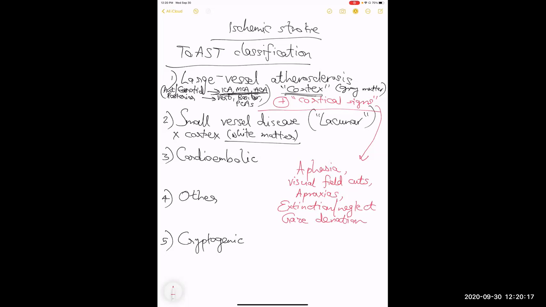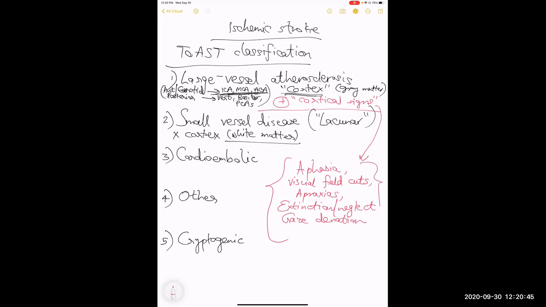So if the stroke affects the right hemisphere, the normal function of the right hemisphere is to push the eyes towards the opposite side. And now because it's not working, the left hemisphere takes over. And your eyes are usually looking towards the side of the infarct or the stroke. So gaze deviation to one side. These are all cortical signs. There are many more, but these are the most common ones that you will see clinically. But if you want to know all of them, maybe just refer to the neuroanatomy PowerPoint.